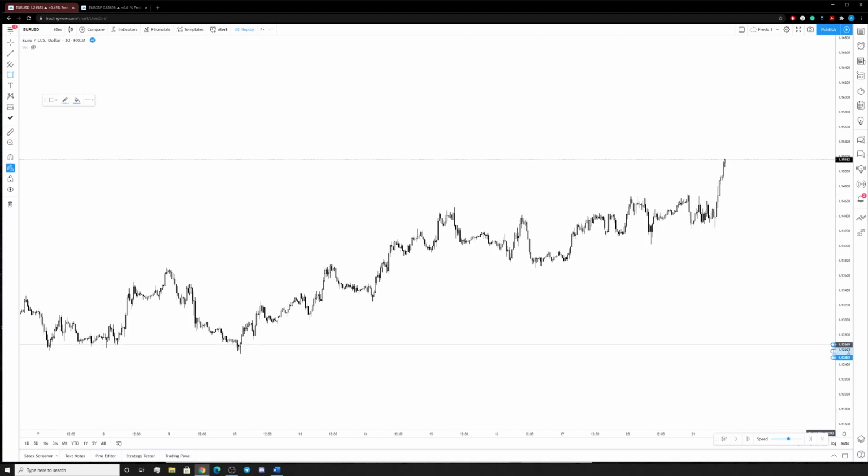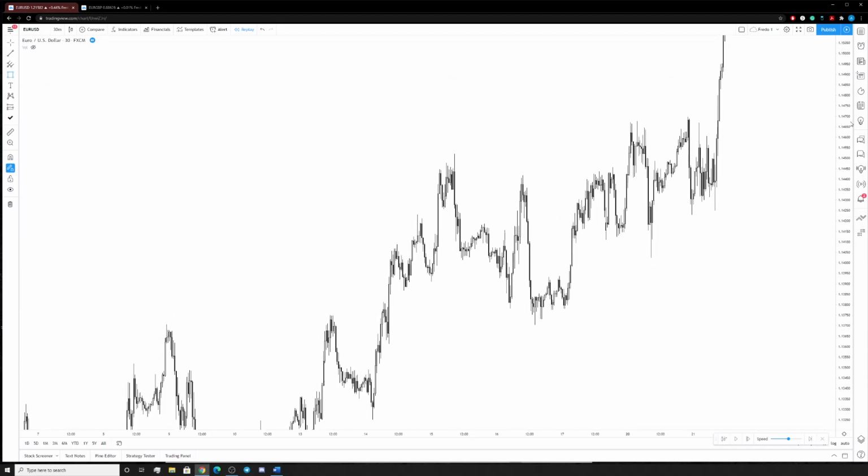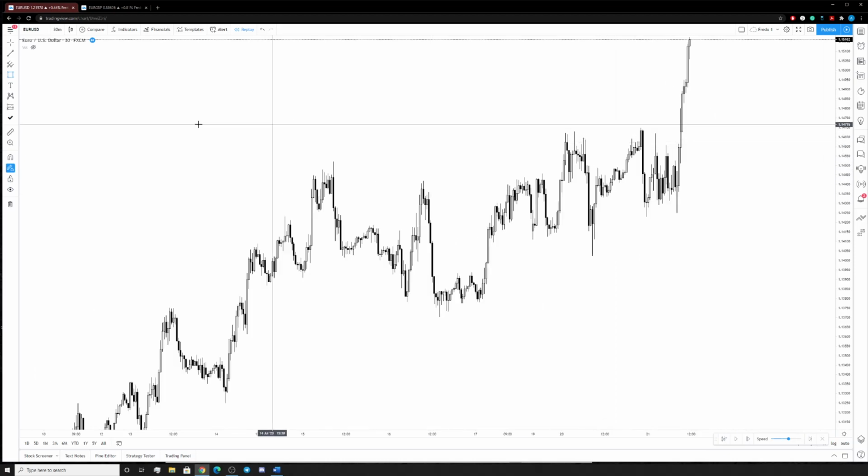Okay, so you could see that we're starting a pullback here, right? So although this range is what created our new high here, this is now still overall bullish, right? But we do see a break of structure.